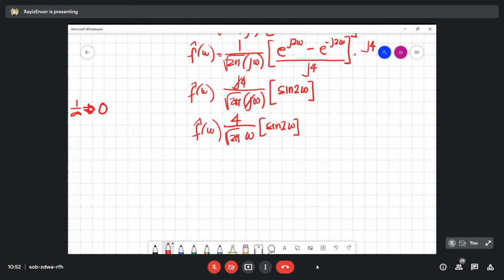Okay, so gagawin ko dyan 4 square root of 2 pi. So, iwalay ko lang to sin 2 omega over omega. So parang to i-rationalize.